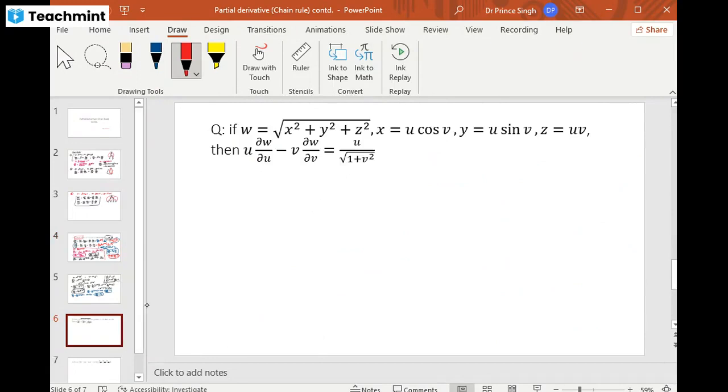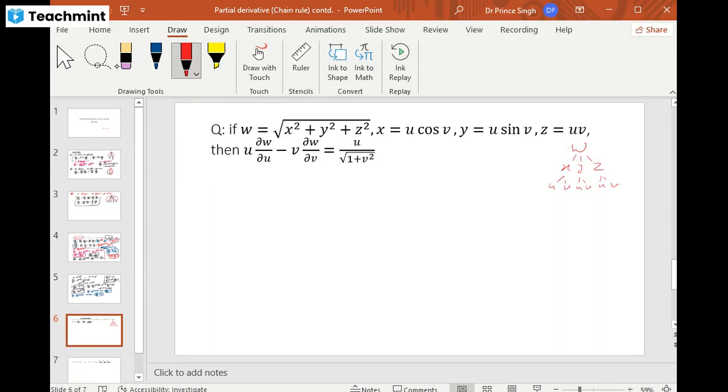Now let us come to the next problem. If we look at this problem, we find that w is a function of x, y, z, but x, y, z are functions of u and v. That means w depends upon three variables x, y, and z, but x, y, z depend upon two variables u and v.